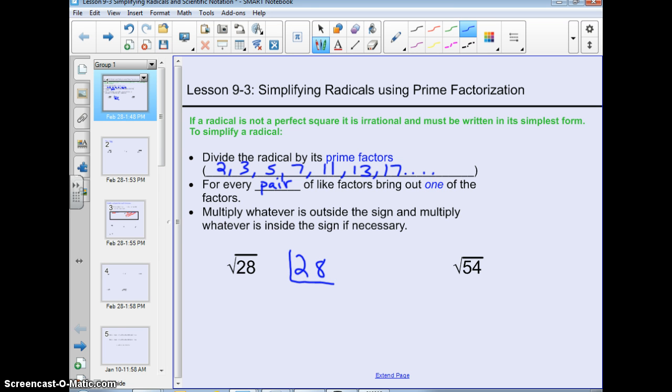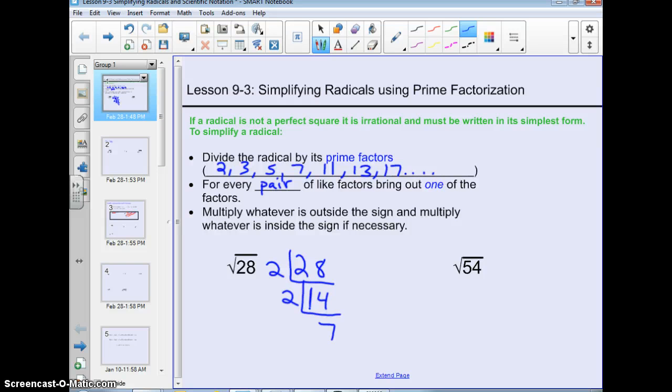I know that 2 goes into 28, so 28 divided by 2 gives us 14. And we can divide 14 again by 2, and we get 7. Now since 7 is a prime number, I'm going to stop there.